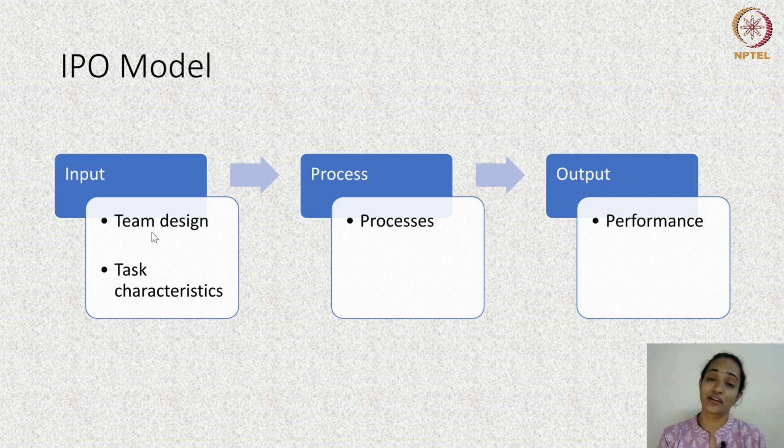Task characteristics are related to the work which the team does, while team design factors are related to the composition and the structure of the team. Team processes include processes like collaboration, communication, and coordination between the team members. And finally, the most important output which has been measured in research and which has been given most importance by the industry is the performance of the team.